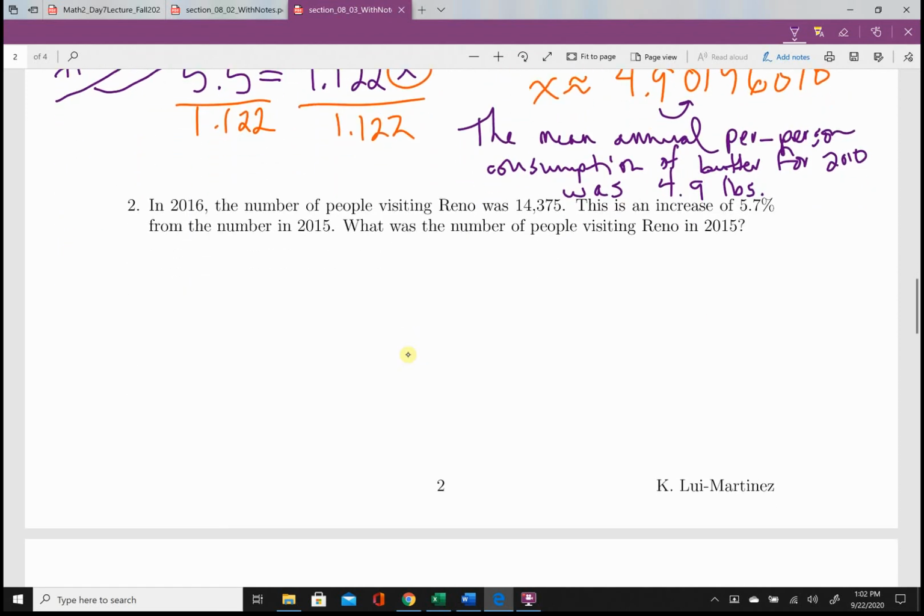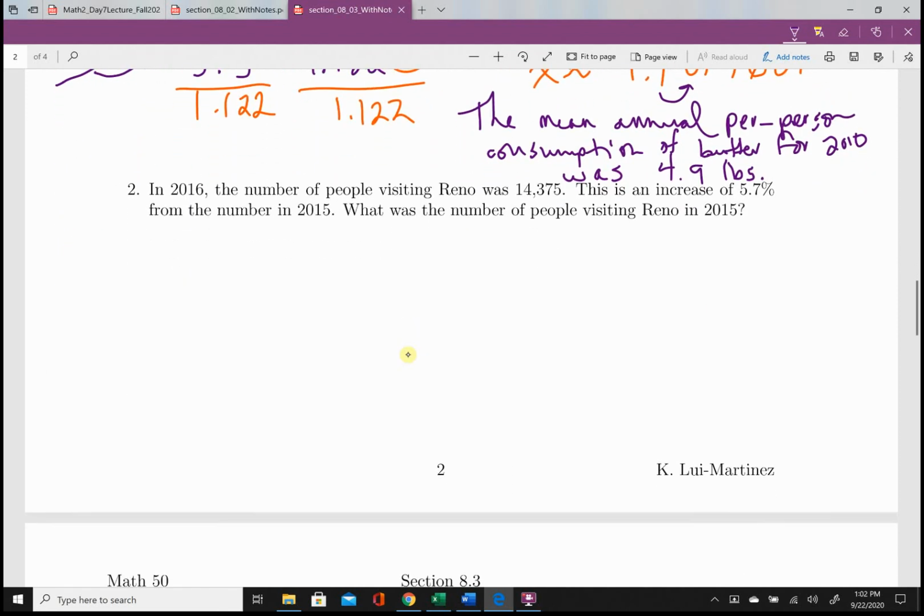Okay, let's do this one more time, but with a different scenario. In 2016, the number of people visiting Reno was 14,375. This is an increase. So take this 5.7%, which is 0.057 as a decimal, add 1 to it, and that'll give us the multiplier that we want.